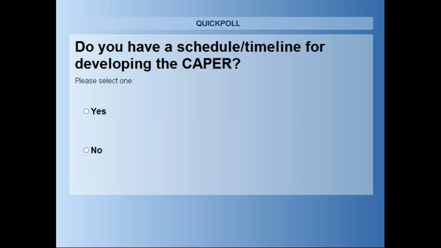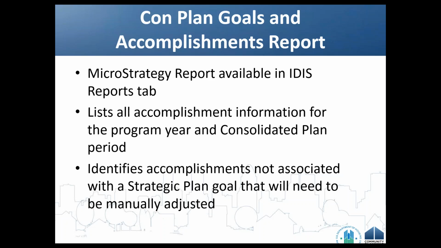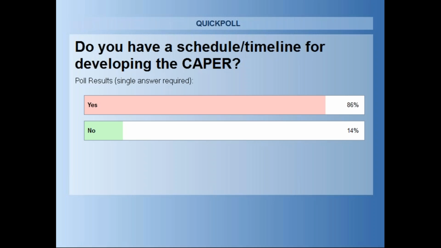And we'll give everyone about 10 more seconds. Looks like some of you are still responding. Great. So the vast majority of you do use a schedule or a timeline in developing your CAPER. For those of you who don't, I strongly encourage you to do it.